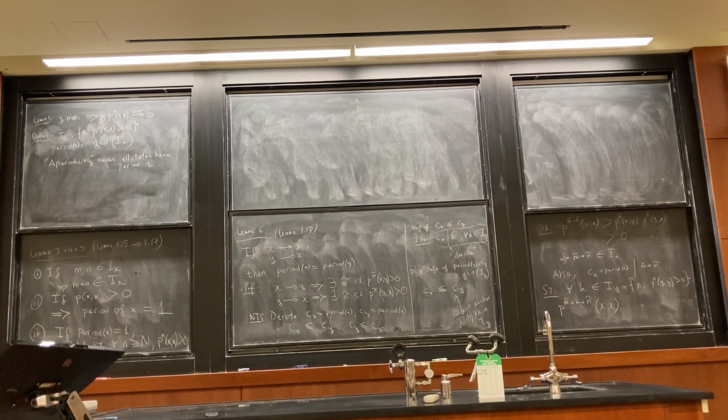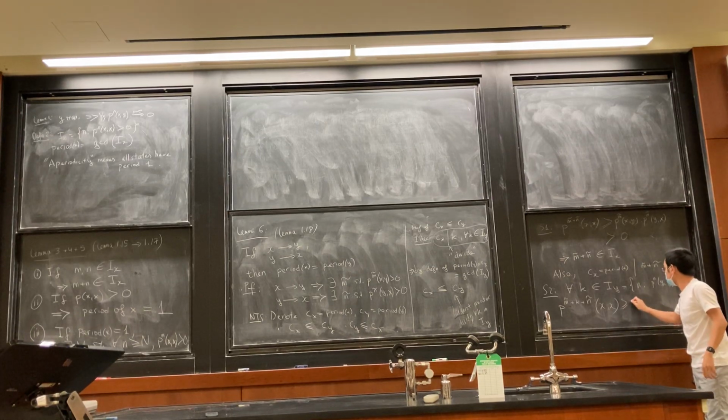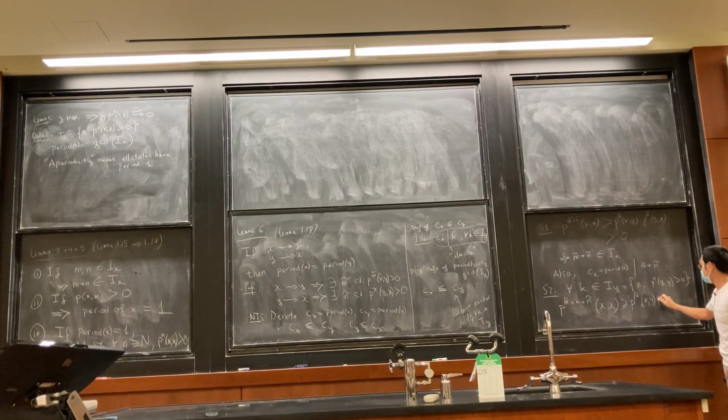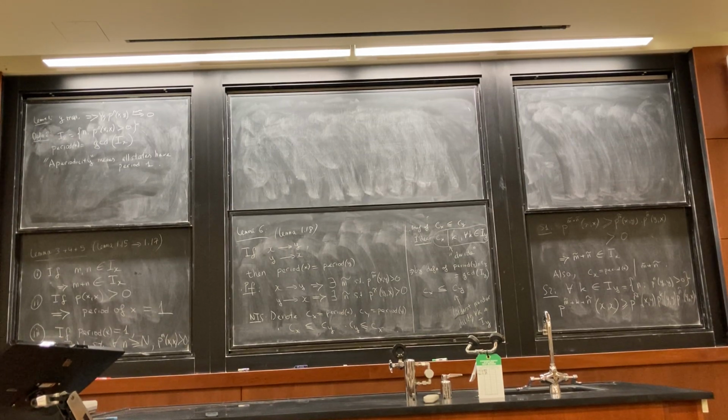Is it possible? How's that? You first go in ñ steps to y, so P^ñ(x, y) times P^k(y, y) times P^ñ(y, x). Yeah, so that is a possibility.